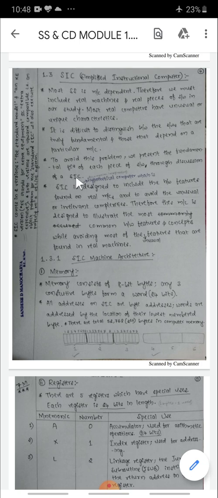So first let us see what this SIC is. SIC is a hypothetical computer. Hypothetical is nothing but an assumption, and it is not a real computer system.